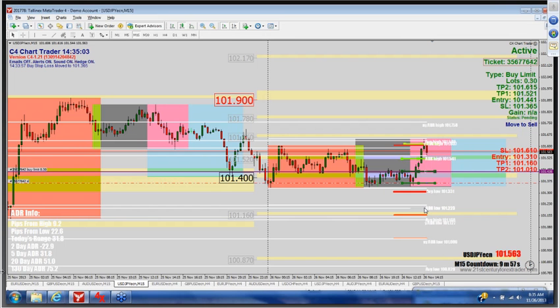Now, of course, as I mentioned before, if we haven't gotten into a trade here in about 10 to 15 minutes prior to news, I'll take the orders off, and we'll wait for news to occur and see how things are going. Based on the outcome of the news and where the market direction is at that point, we'll look for our key levels, and then we'll enter new orders. All right, so there you have it.